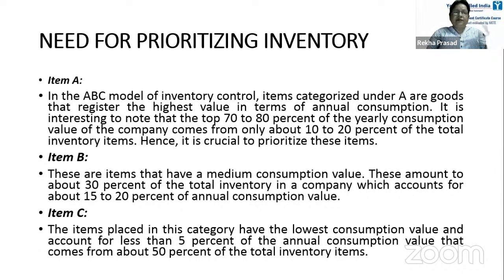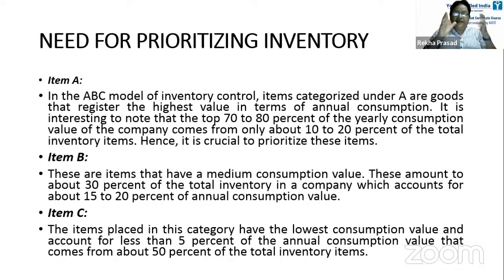suppose somewhere कोई ऑटोमोबाइल कंपनी में आप चले जाइए, अब स्क्रू ड्राइवर है, वो तो बहुत सारे स्क्रू ड्राइवर्स वहां यूज होते होंगे, पर उनकी वैल्यू क्या होती है, तो एक दो खो भी गया तो कोई बात नहीं है.